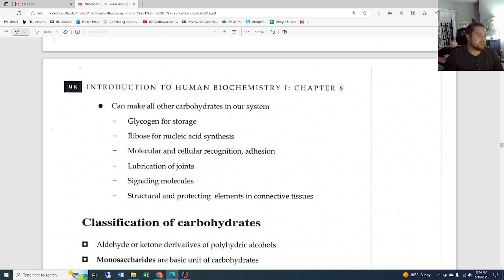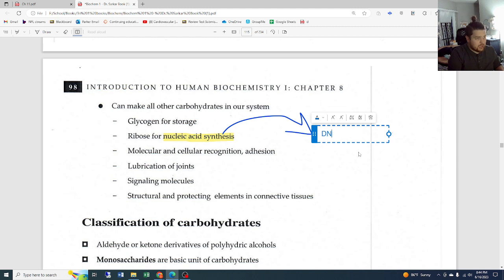Glycogen for energy storage, ribose for nucleic acid synthesis. This is DNA and RNA. DNA is needed in every single one of our cells. So in order to replicate our cells, we're going to need ribose, which can be made from glucose.